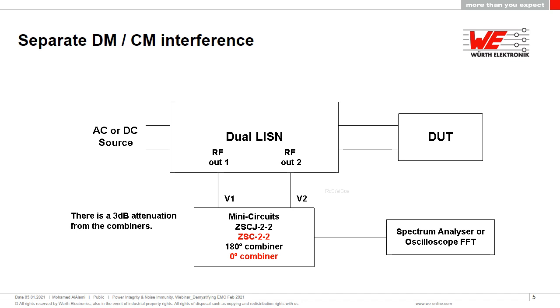Let me just use my laser pointer. This is now a dual LISN. It's something that we have actually designed between ourselves and Rohde and Schwarz. You will see this later on when we're looking at some of the testing that we have done on this boost converter. This dual LISN has two RF outputs which are combined using Mini-Circuits splitter combiner modules.